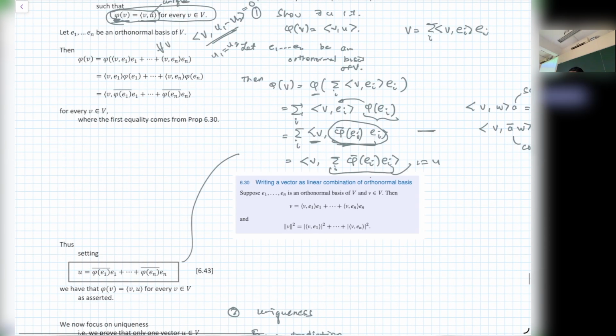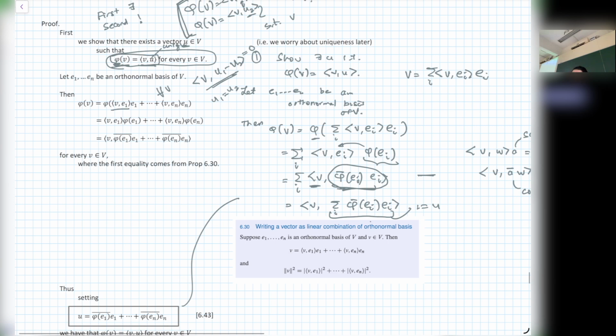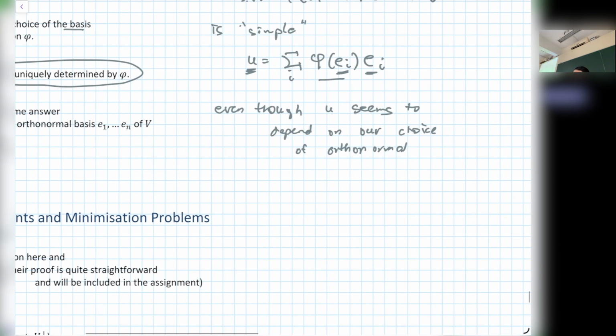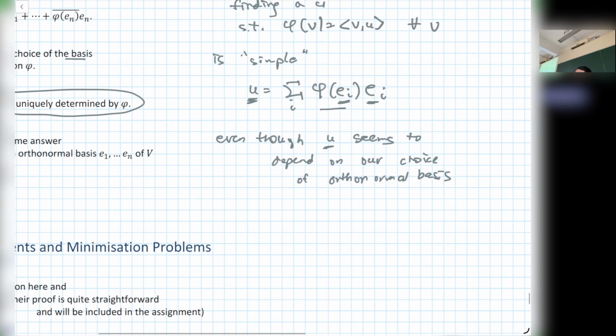Or was it just any basis? No, it was orthonormal, because it's crucial that this is an orthonormal basis. So even though it seems like u might depend on the choice of orthonormal basis, because we proved u is unique, the choice doesn't matter. It doesn't matter.